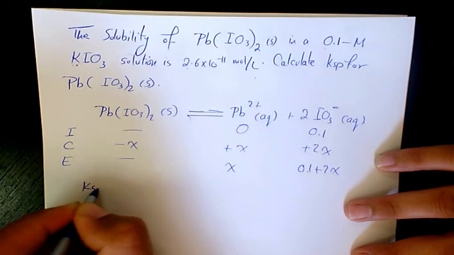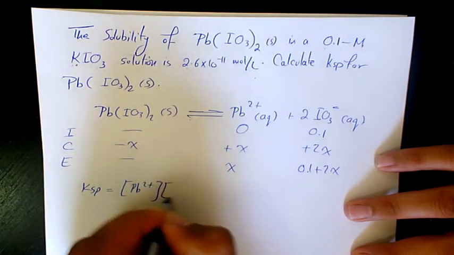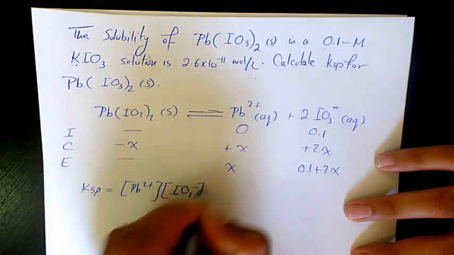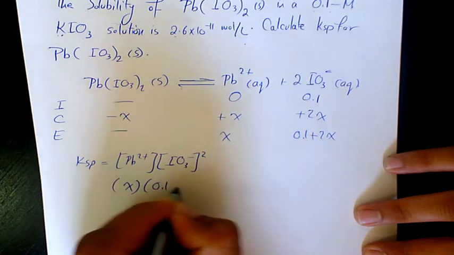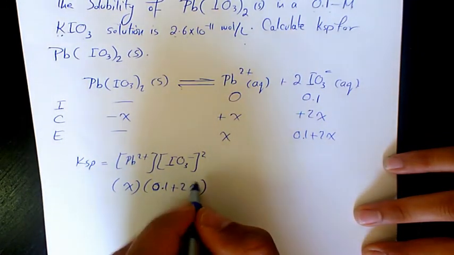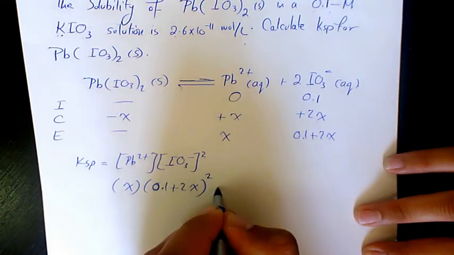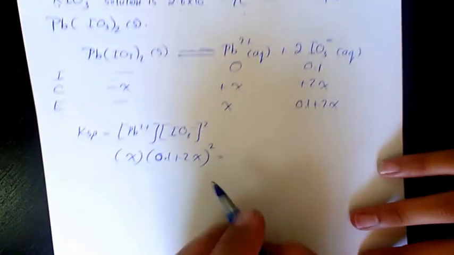So Ksp will be equal to Pb2 plus times iodate to the power of 2. So that's going to be x times 0.1 plus 2x to the power of 2. The solubility, which is x, is 2.6 times 10 to the power of negative 11.